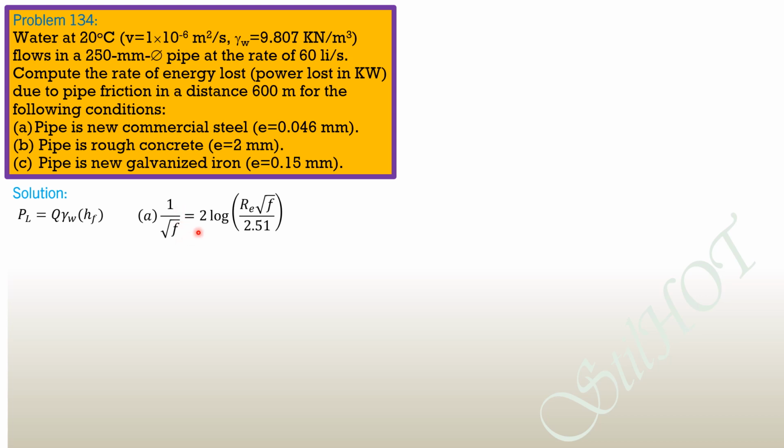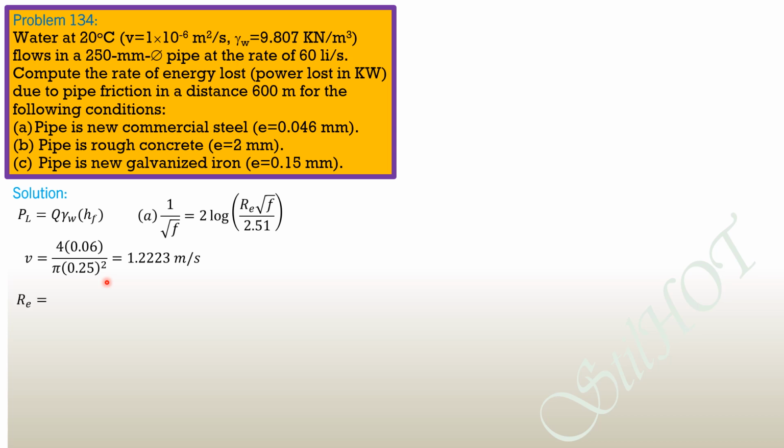1 over square root of f equals 2 log quantity Re square root of f over 2.51. Then for the velocity, it is 4 times discharge 0.06 over pi times 0.25 square. So it is 1.2223 meters per second. So 4 times 0.06 over pi 0.25 square, so 1.2223 meters per second.